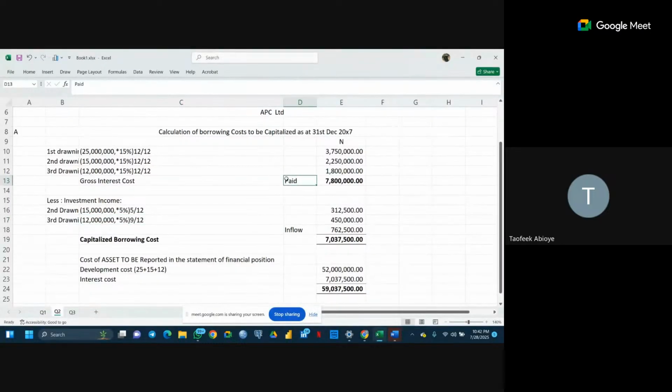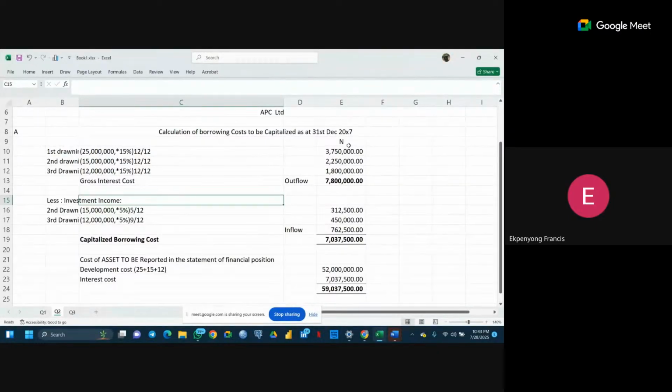Let me quickly clarify that. Let me put that flow here. So the company borrowed 55 million. You agree with me? Yes. And you also agree with me that when we are defining the meaning of borrowing cost, we are very clear that this is the additional cost incurred on qualifying capital expenditure.